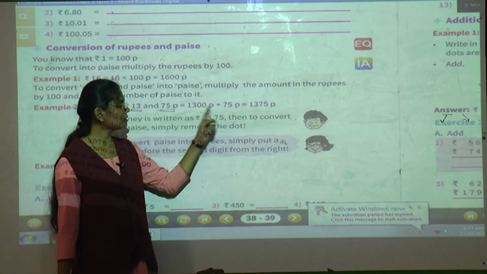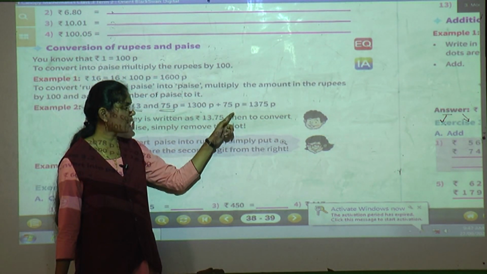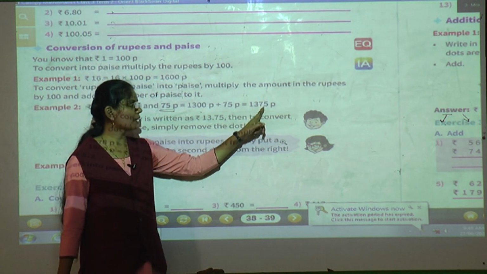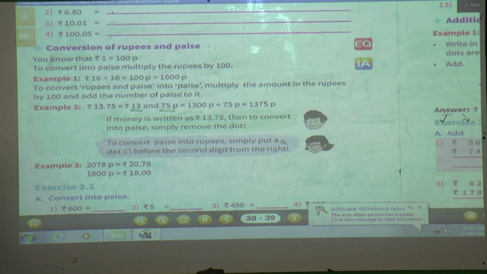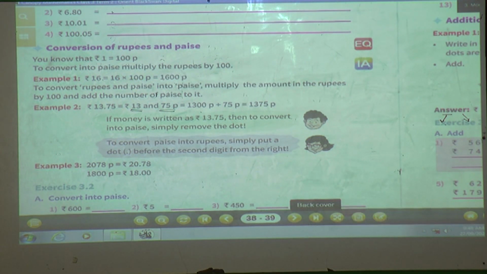Doing the addition, 1300 plus 75 is 1375 paise. So in this way, to convert rupees and paise into paise, multiply the amount in rupees by 100 and add the number of paise to it.